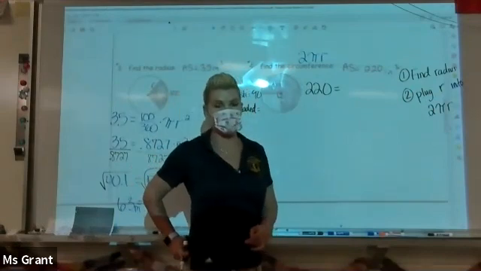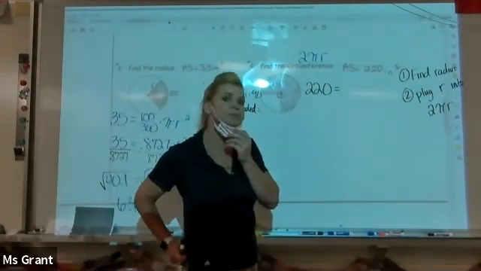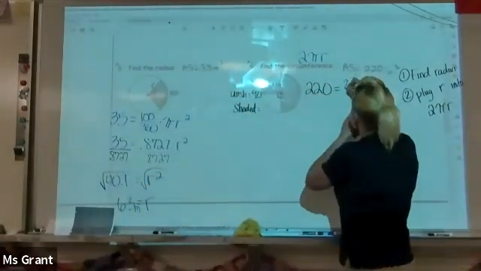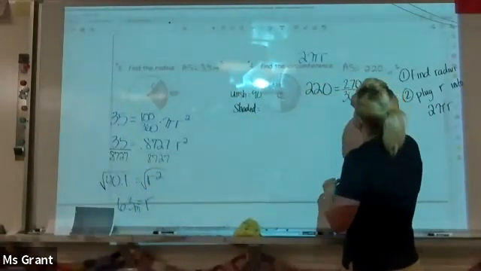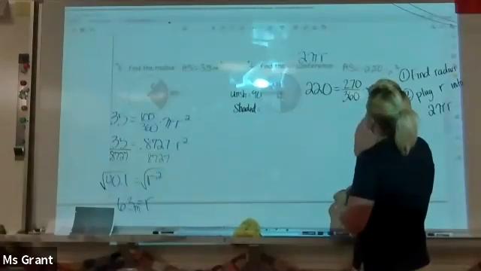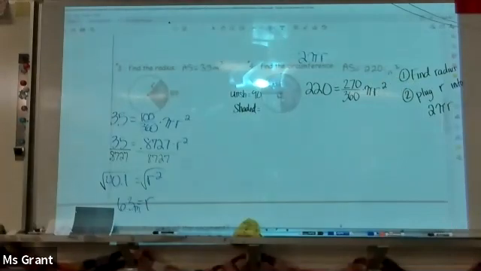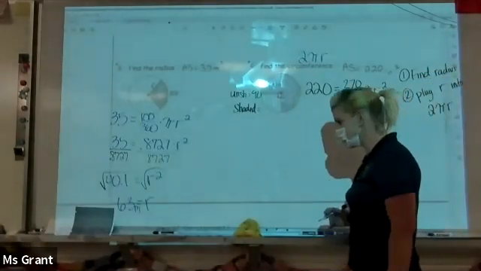Did you guys all get 270 on your calculators at home? 270 divided by 360 times pi r squared. Very similar to the last problem. Very similar. And go, go, go.